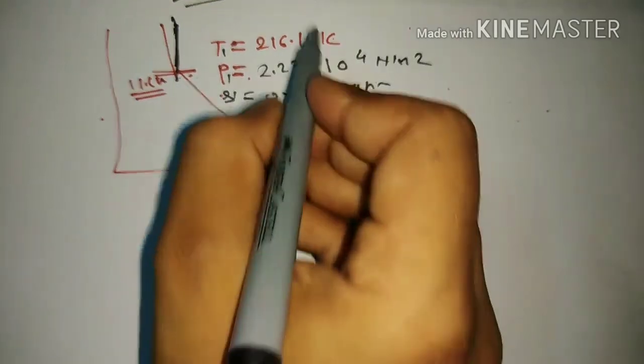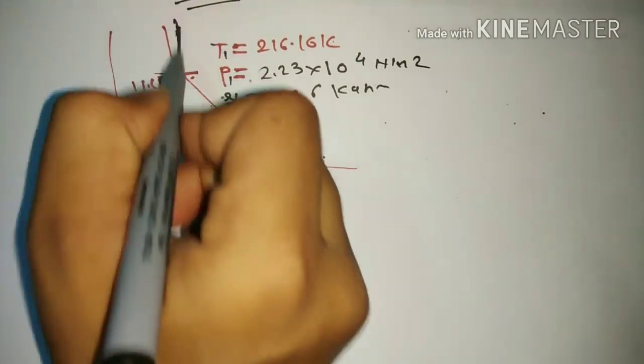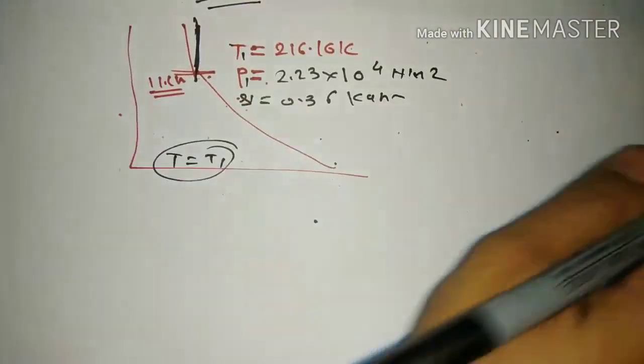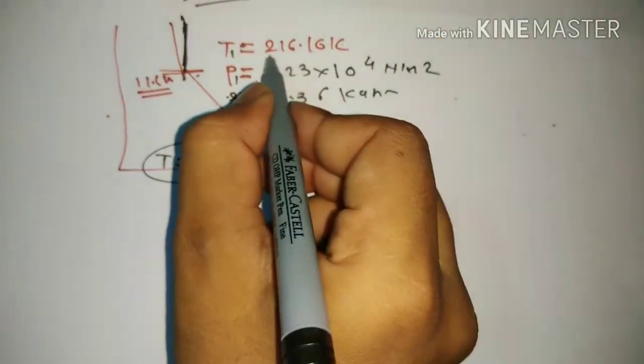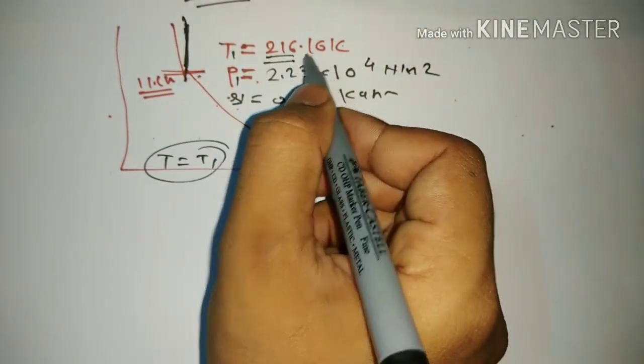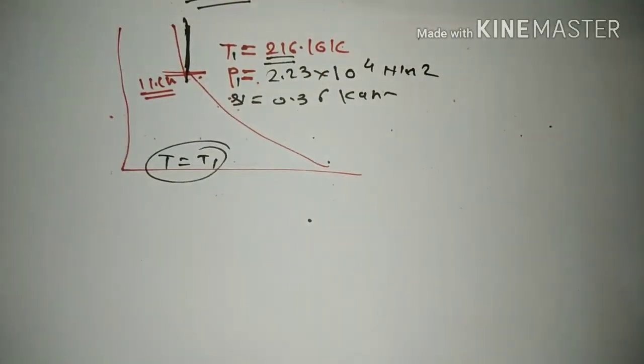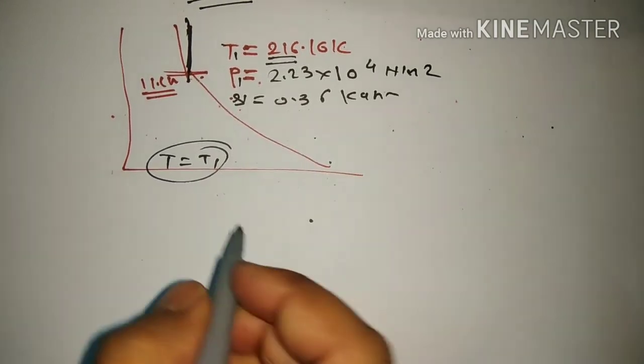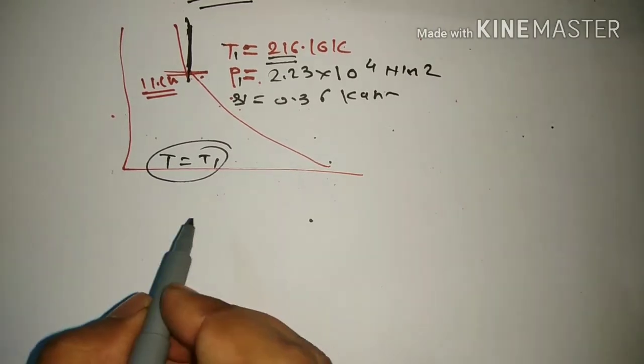So T is equal to T1 in this region, and T is equal to 216.16 because the temperature is constant here. Now we are going to find the pressure and the density. The tropopause and stratopause formula is very simple.